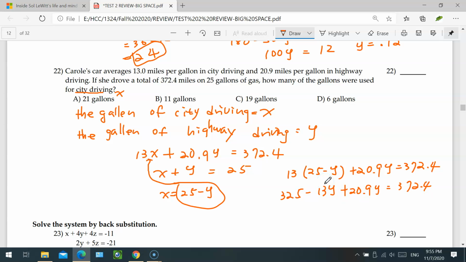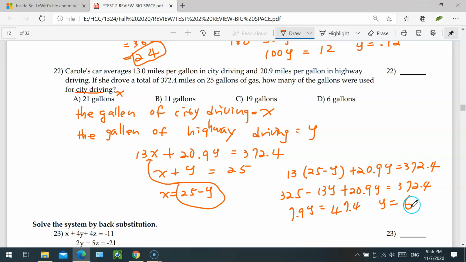So 20.9 minus 13 gives me 7.9y. And the 325 I bring to the right hand side, minus 325, it gives me 47.4. So from here I can solve for y, which is equal to 6.